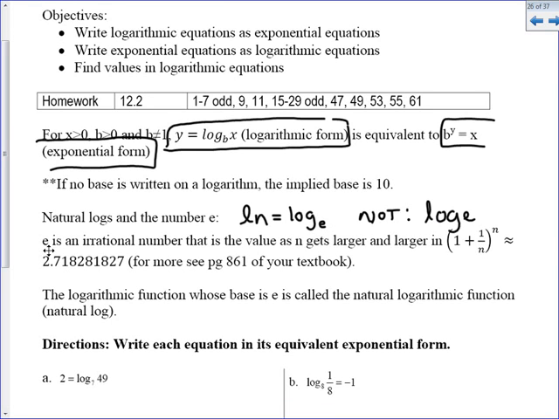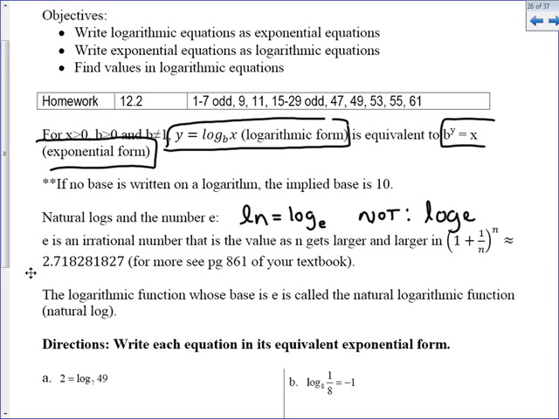So e is just a number. It's kind of like pi. You've got a button on your calculator for e. It's approximately 2.718, and it comes from finding the sum of this thing as it gets larger, and you get your e value. But whenever you see e in this class, think of it like pi.